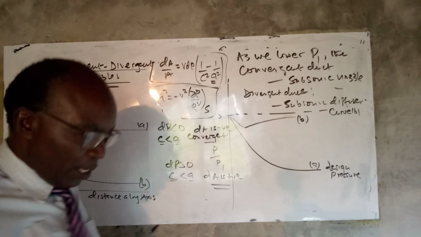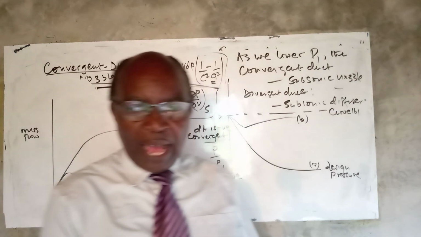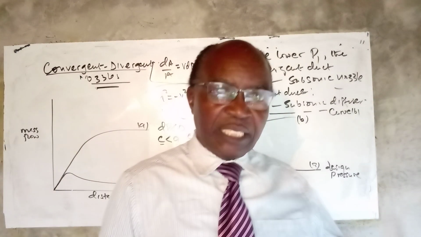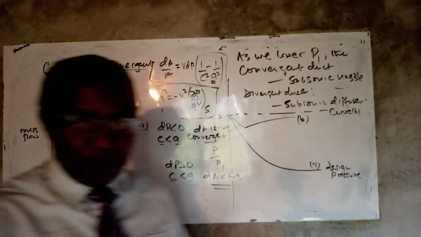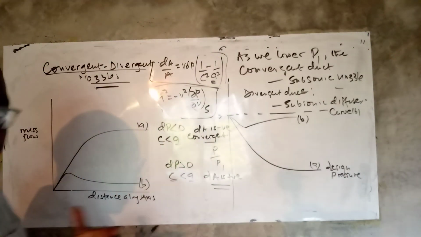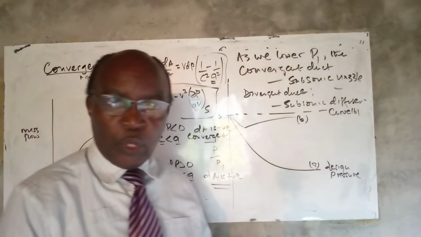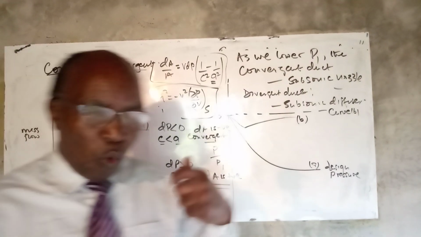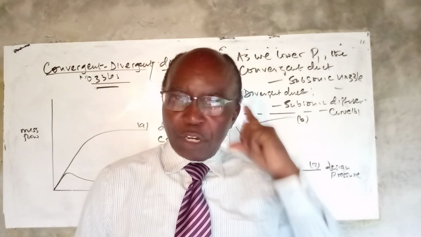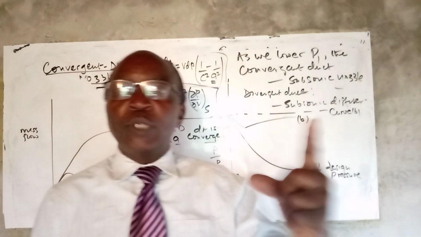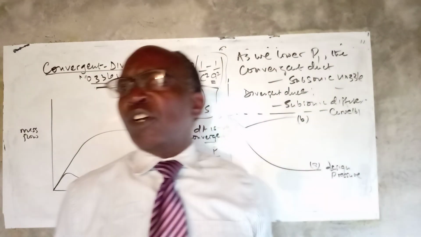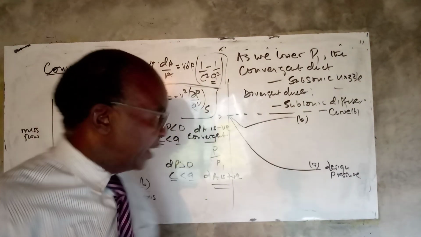Now, we are going to continue having an increase in mass flow rate. It will continue until that point where the throat pressure is equal to the critical pressure. Remember, we have talked about CPR, the critical pressure ratio.